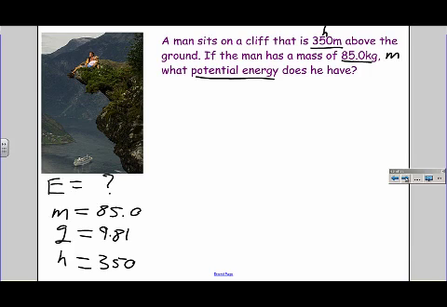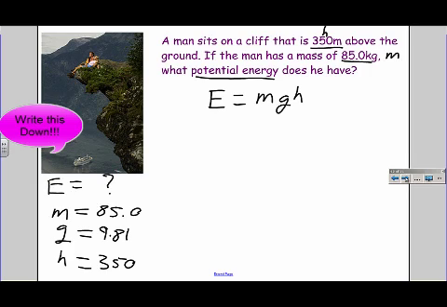That's what we're looking for. The mass is 85.0 kilograms, and that's already in kilograms, so we don't have to convert it. The man is on Earth, or we assume he is. So the G, the gravitational acceleration, is 9.81, and the height is 350 meters, which again, is also in the correct unit, so we don't have to convert it.